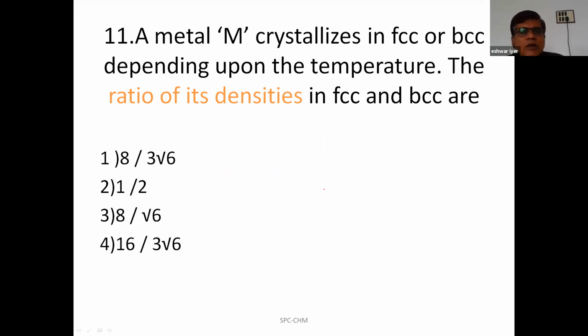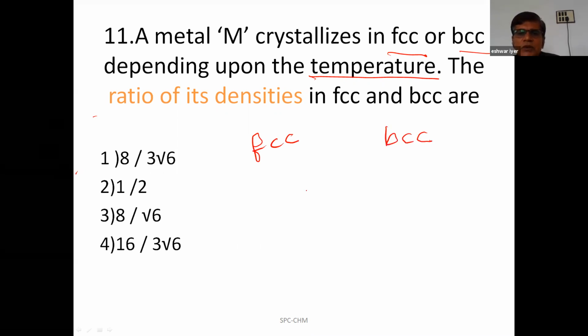The crystal structure depends upon the temperature. So it is temperature dependent, whether it is FCC or BCC. Now we'll have to find the densities and compare them. Ratio means we have to compare the densities. So I'll just write here this clue. This is one crystal, FCC, and this is BCC, the same metal's other crystal.